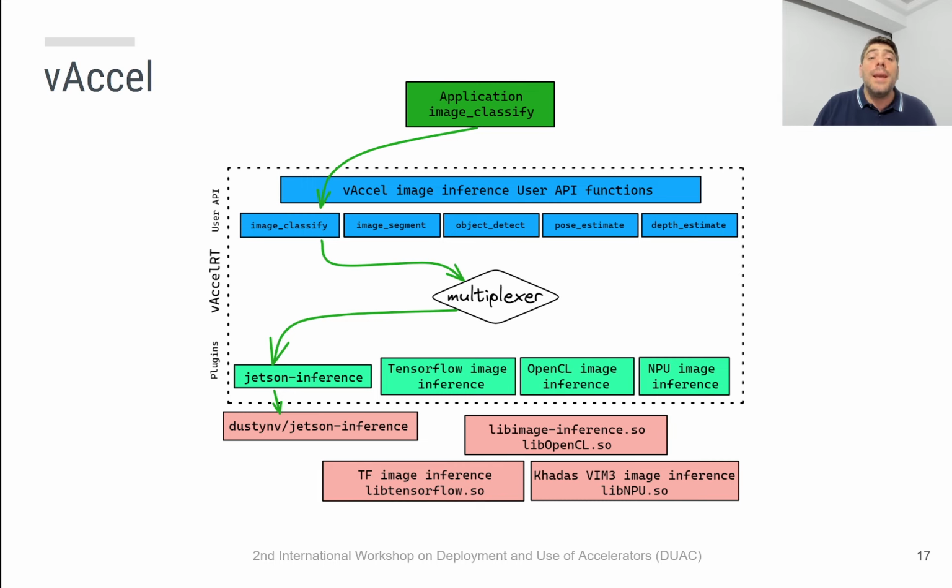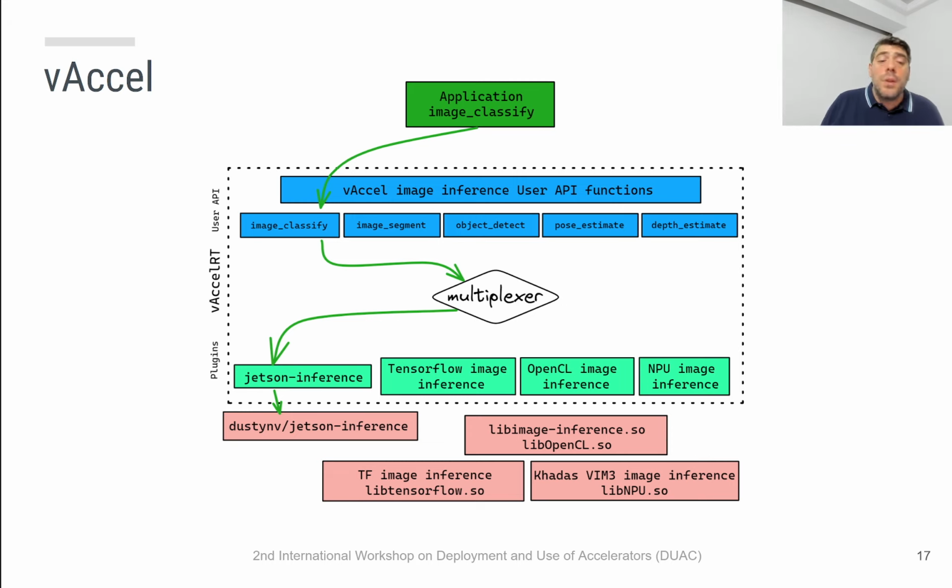Now, an application binary calling VAccel image classify, the VAccel API call for image classification, all it has to do is link against this library and specify at runtime which plugin it needs to use. So, an image classification operation request is being issued from the binary application. It gets into the multiplexer. The multiplexer looks up which plugin implements this API call.